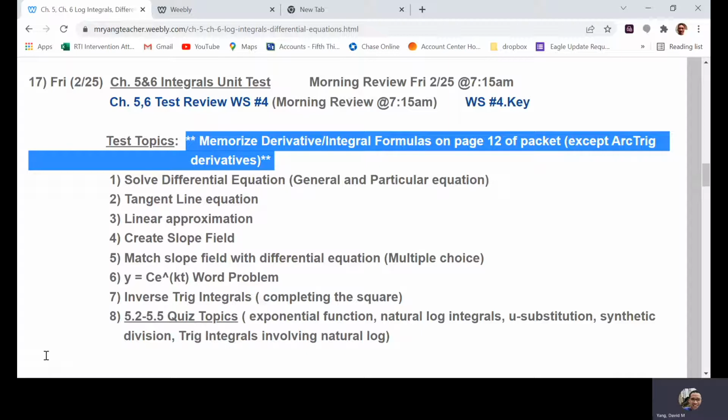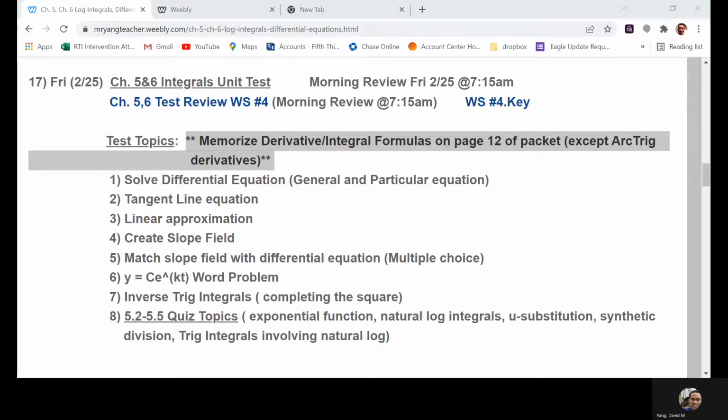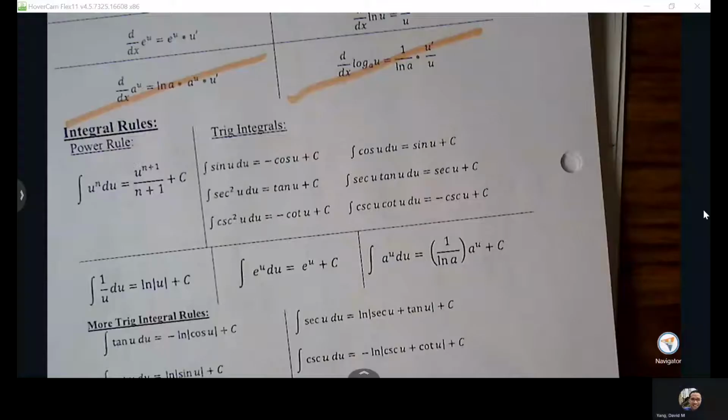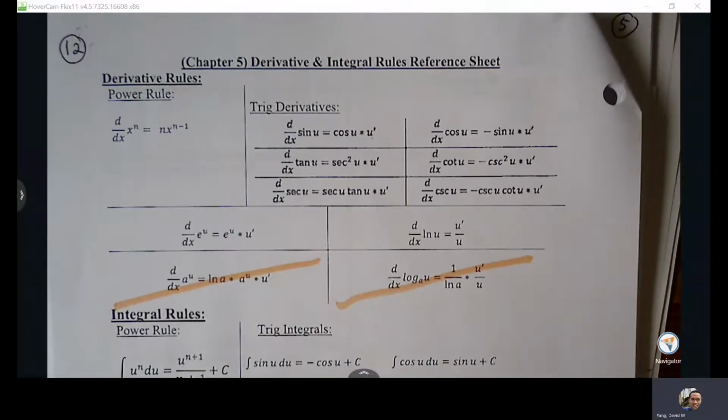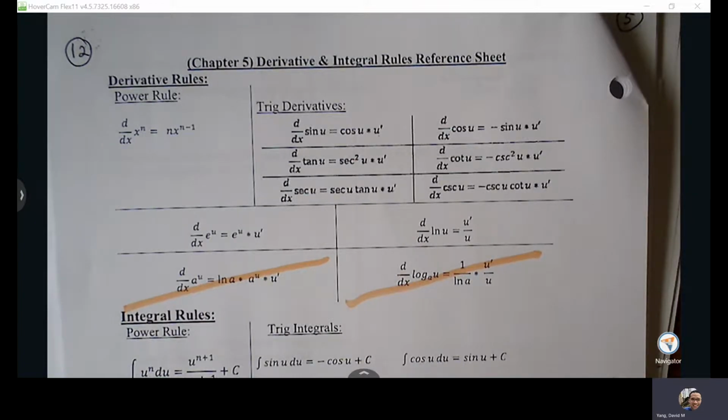So if you guys go to page 12 of your packet, let me just highlight those rules, as well as the ones that we don't have to worry about. Okay, so page 12 in your review packet. Everybody get the review packet from yesterday?